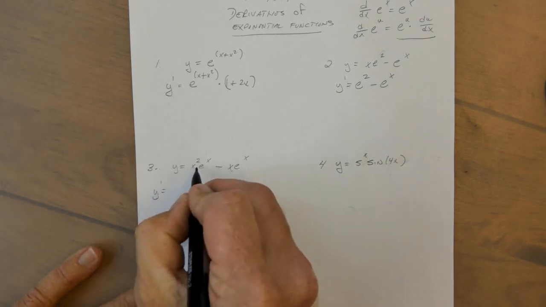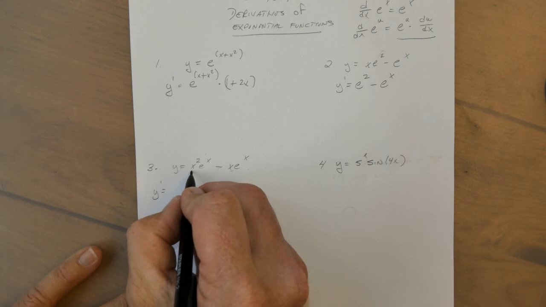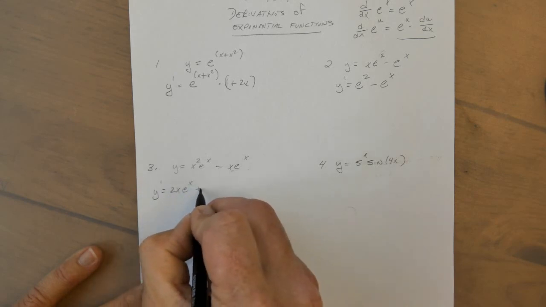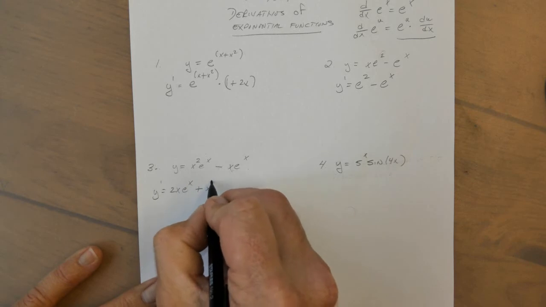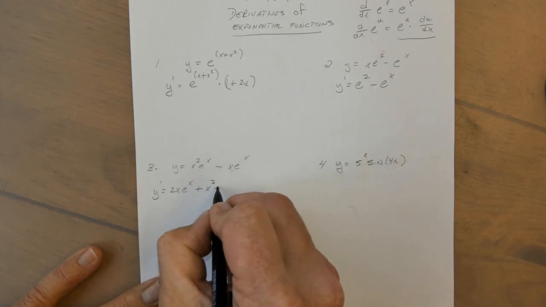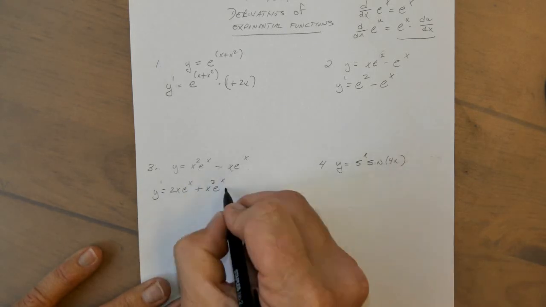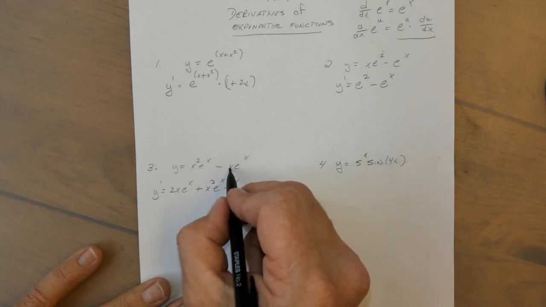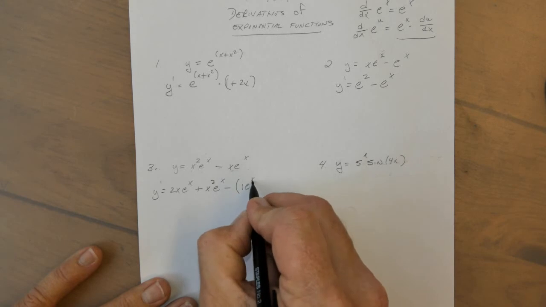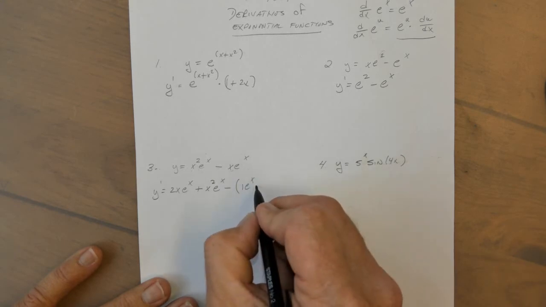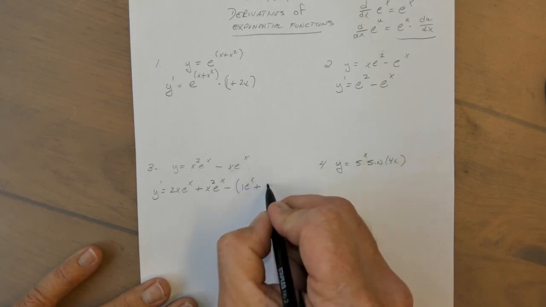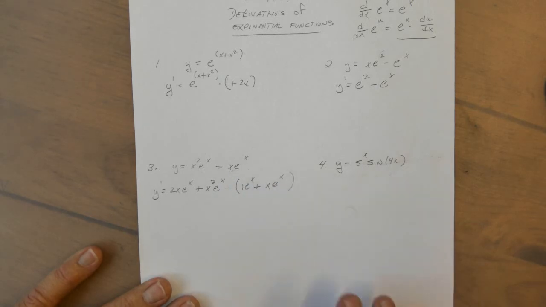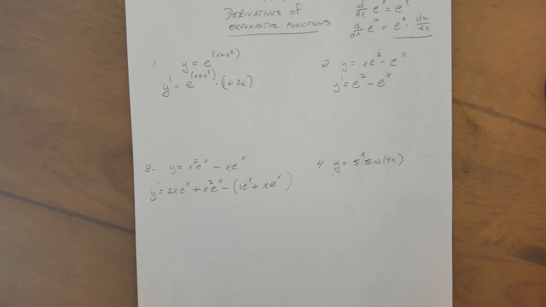Okay, so going left to right, we have the derivative of x squared, which is 2x times e to the x, plus, now we have x squared times the derivative of e to the x, which is just e to the x, minus, so I'm going to use parentheses, the derivative of x is 1, so we have 1 times e to the x, plus, then we have x times the derivative of e to the x, which is e to the x.